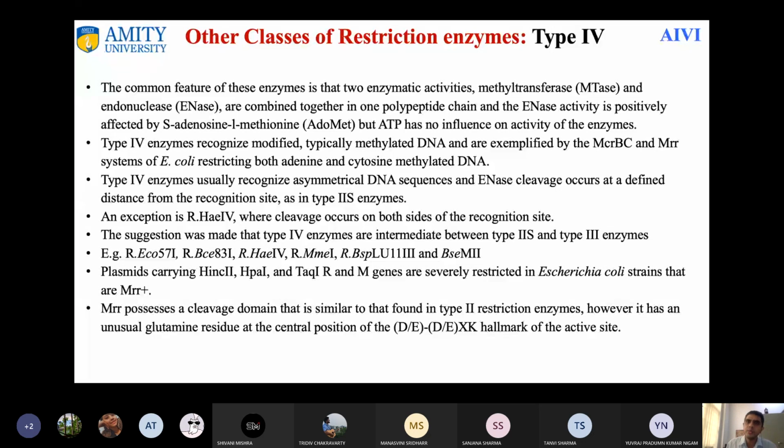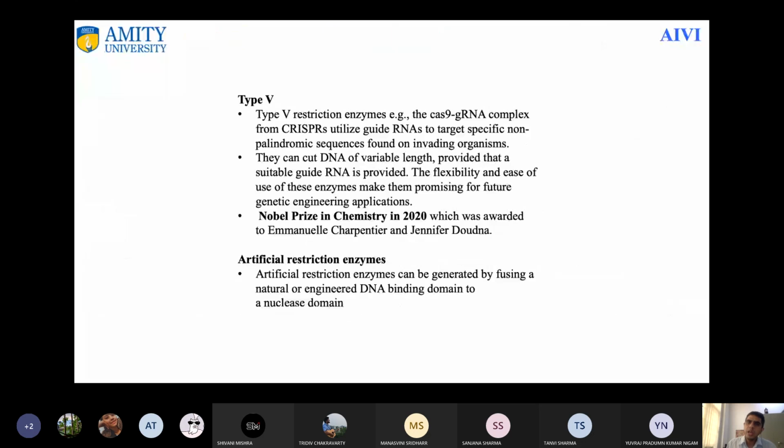So these were a few things about type 4. Other than this, type 5 is also there, and type 5 is a restriction enzyme, but we generally do not consider it as one, though it is also a type of restriction endonuclease. You all might have heard about the CRISPR-Cas9 system. This CRISPR-Cas9 system is type 5.